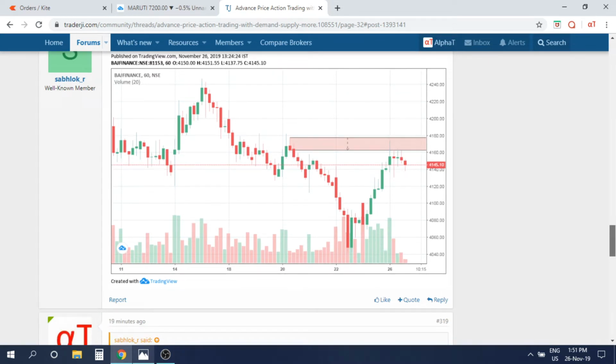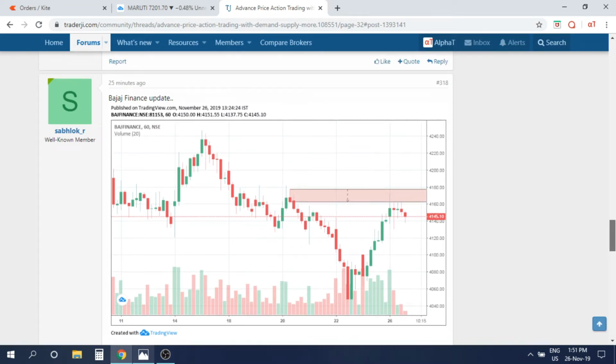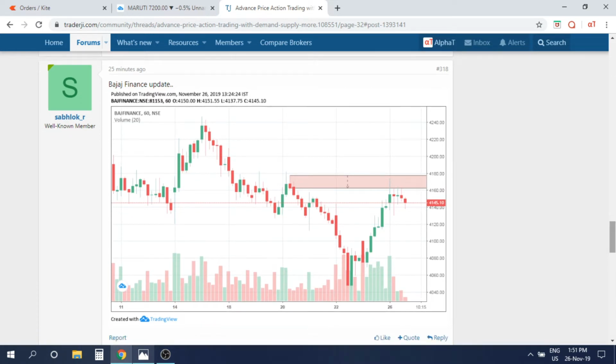So it's really good, and I really appreciate his efforts. So this is a chart he posted on Bajaj Finance. He's given an update that it is reacting from this particular supply zone. Yes, it is. Given a 1-on-1 RR so far.